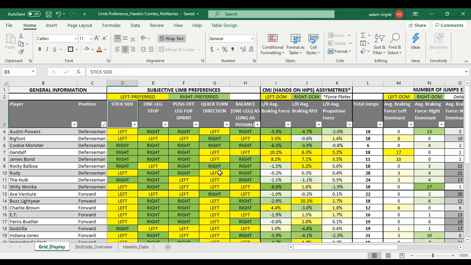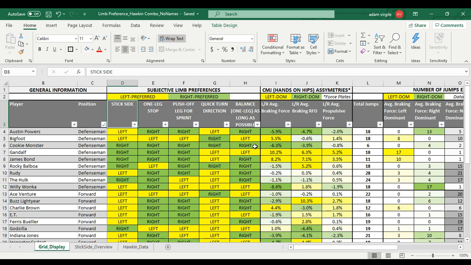So I would consider asking questions that are relevant to the tasks that are specific to what the athletes need to do in order to understand how they prefer to do things on the ice, which may give you insights into why they're presenting with certain issues or what they need to work on more so than other things.